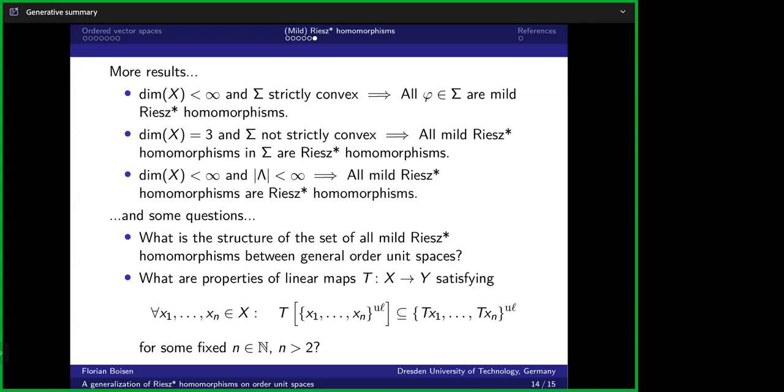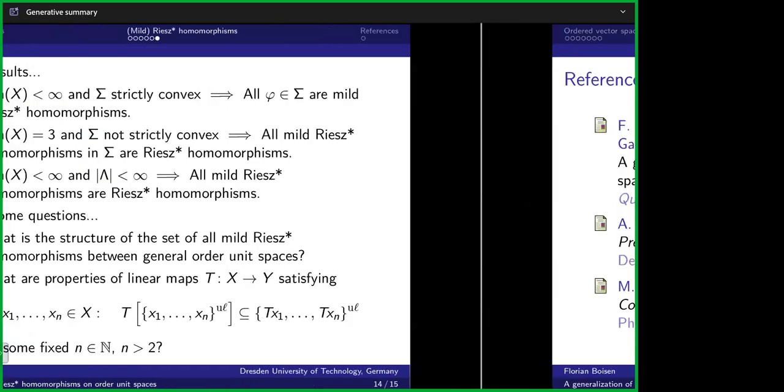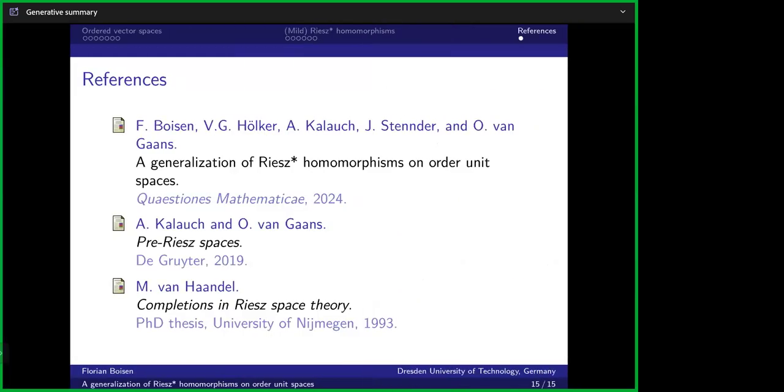But studying this kind of linear maps, multi-star homomorphisms of degree n or anything like that, isn't done yet. Might also be interesting. And that's it. Thank you very much.